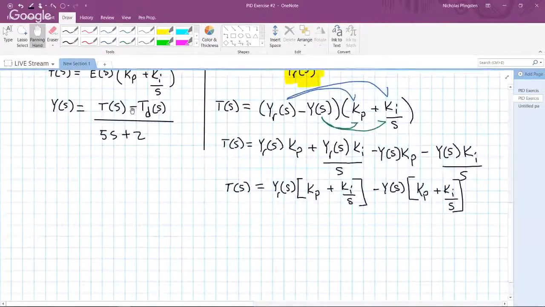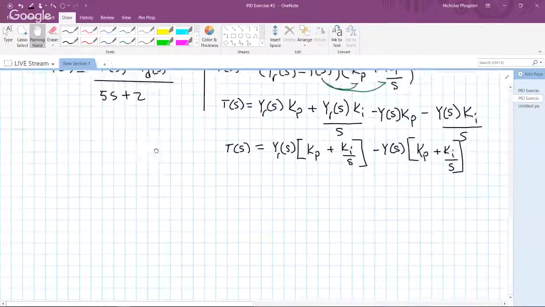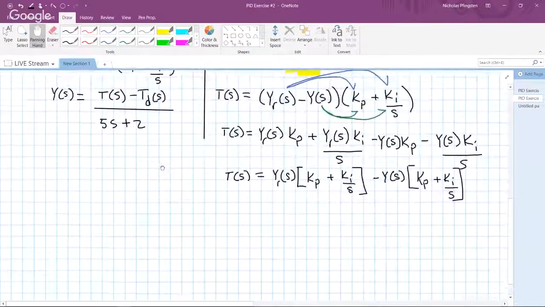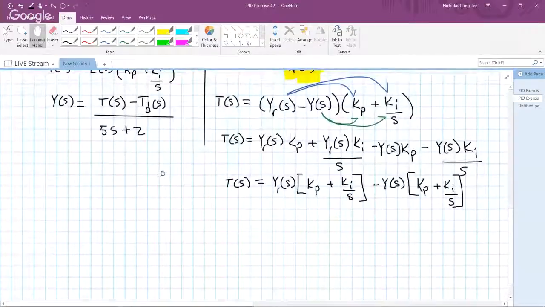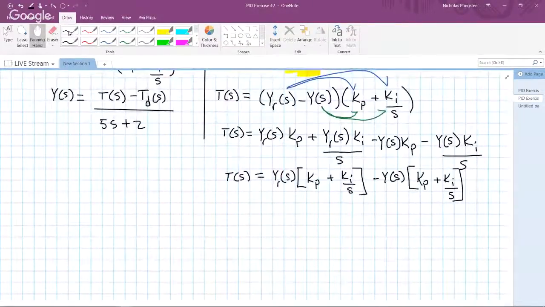So the next thing we're going to do is back substitute that capital T of S into the Y of S equation and see what we get. So we'll do that now.